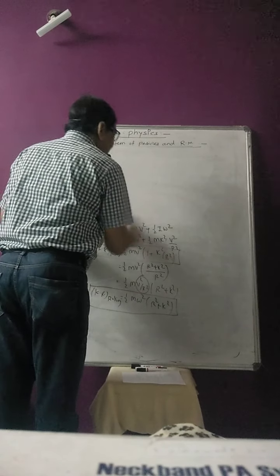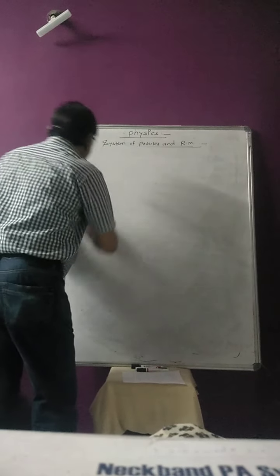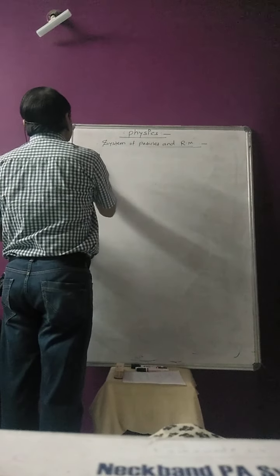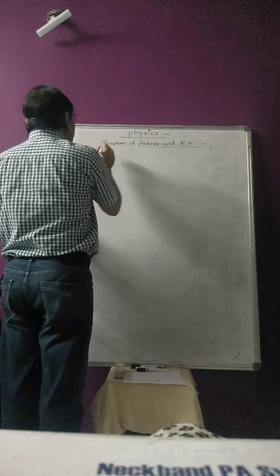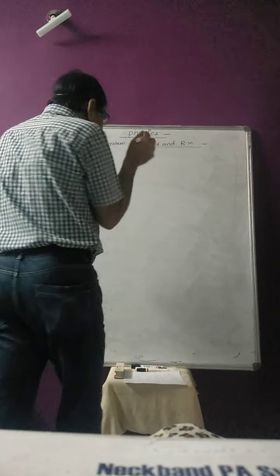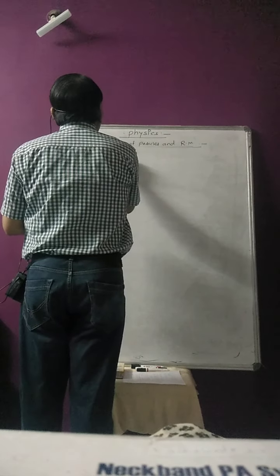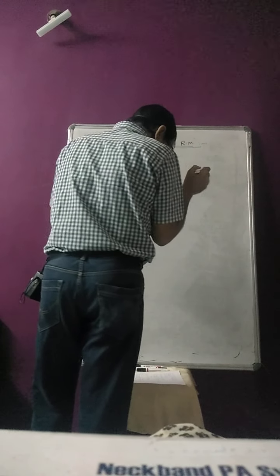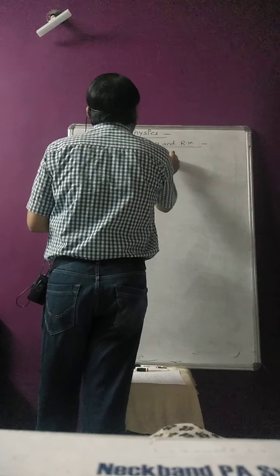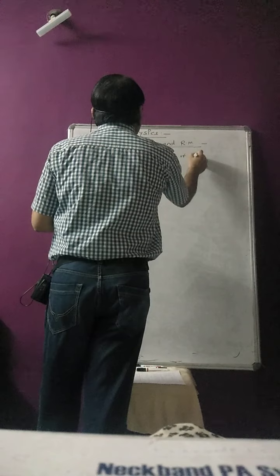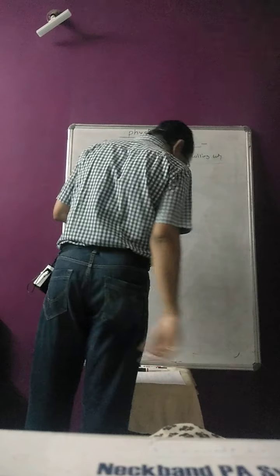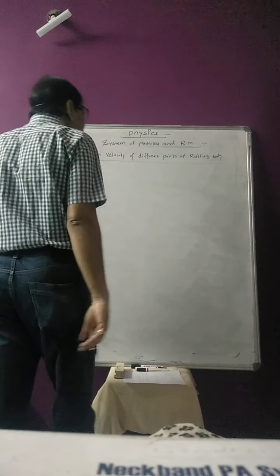Okay, so once you got the idea about kinetic energy of a rolling body, we come to the point: what is the linear velocity of different points of a rolling body.